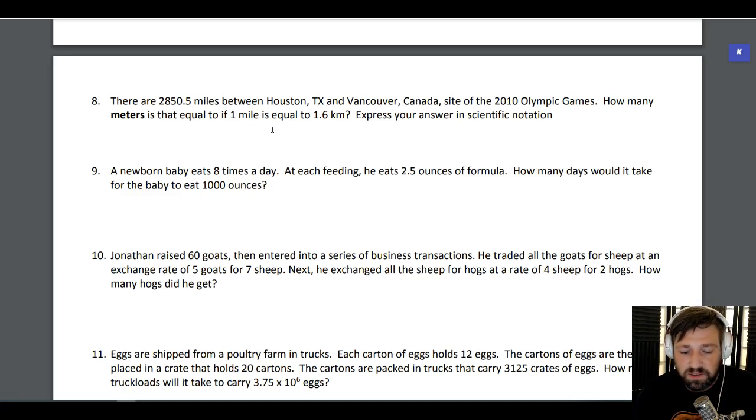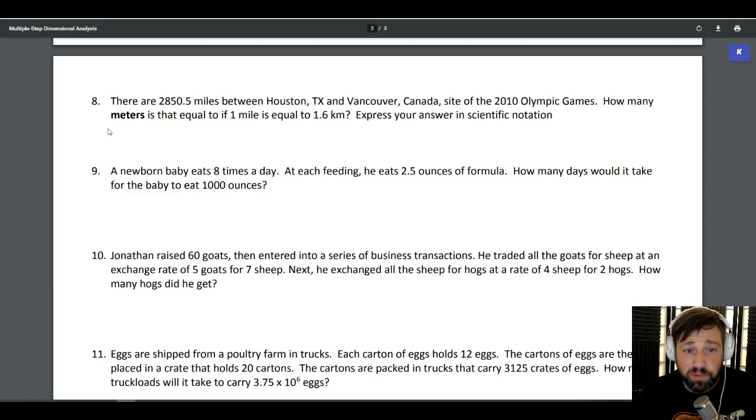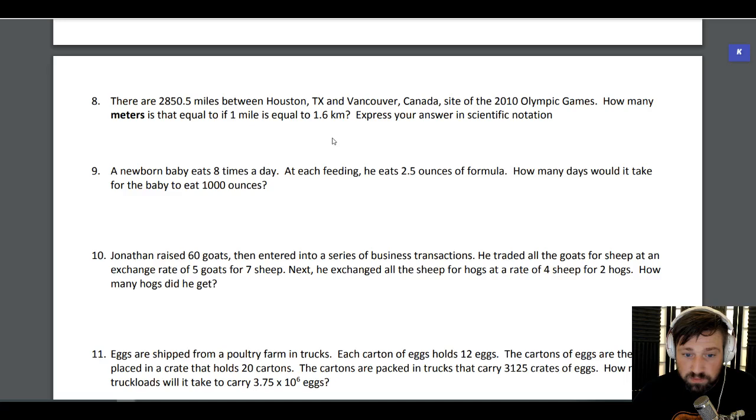Let's learn how to do dimensional analysis, convert units, factor label method, all of these different ways of saying the same thing. Essentially, taking a word problem and turning it into an actual equation. So, that's going to be kind of what I'm going to start off with.